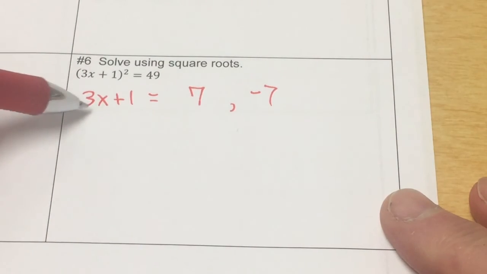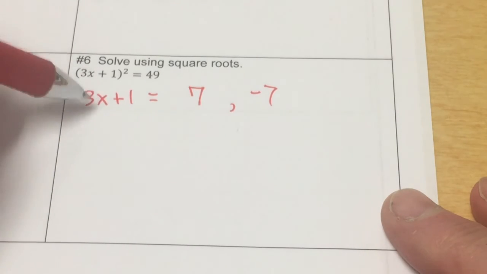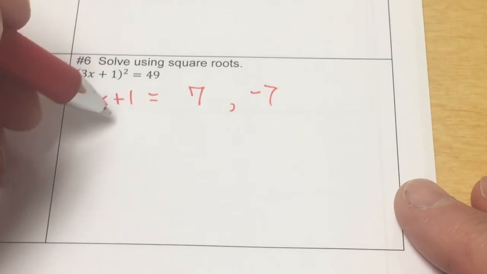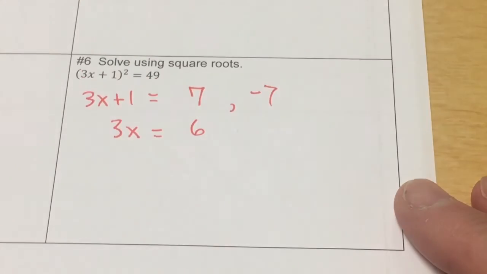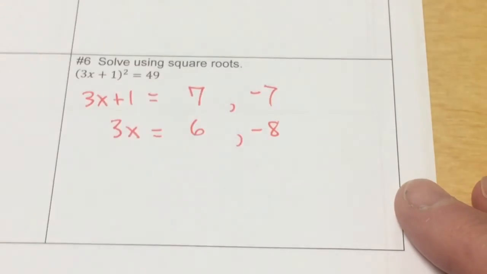And now we'll have 2 steps to undo on the left side remaining. We'll first undo plus 1 with minus 1, so 3x is 6. And also negative 7 subtract 1 is negative 8.